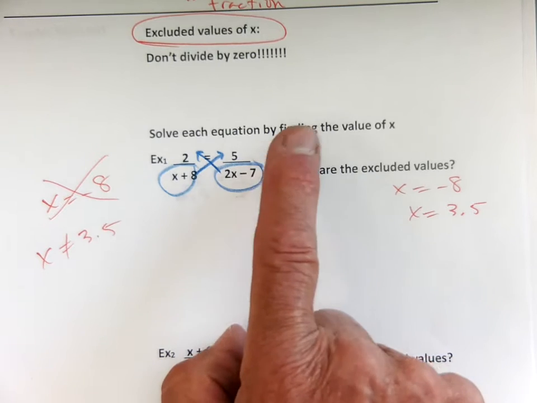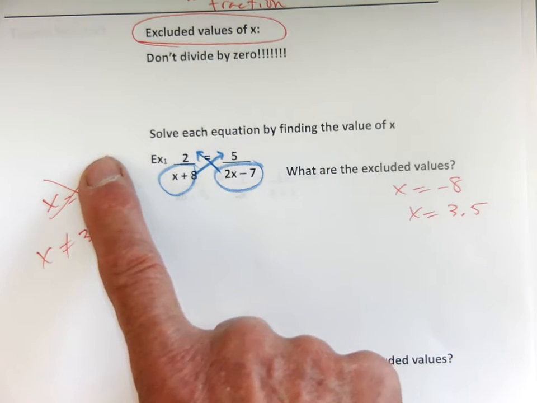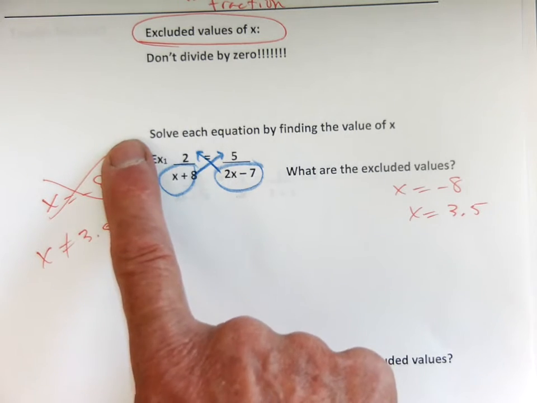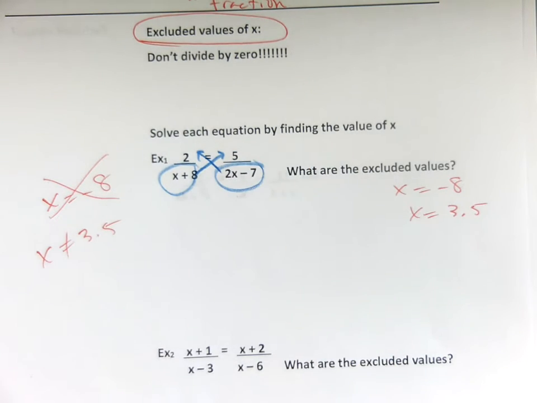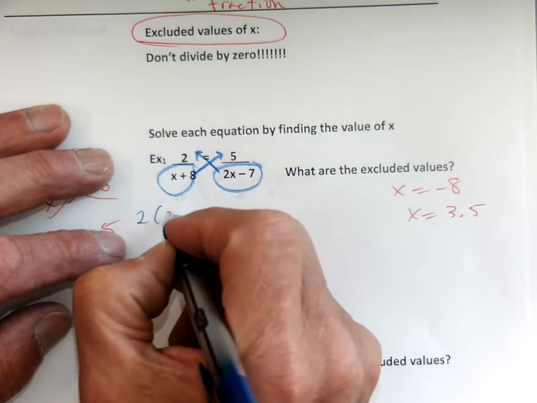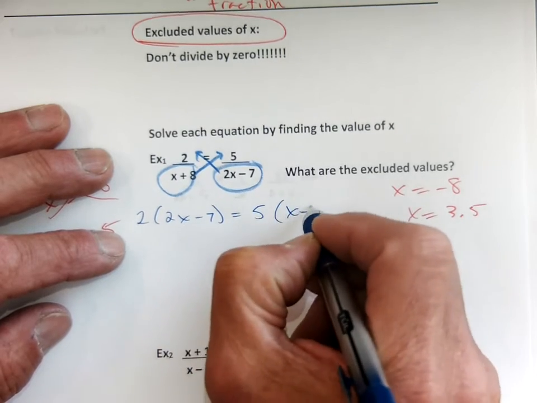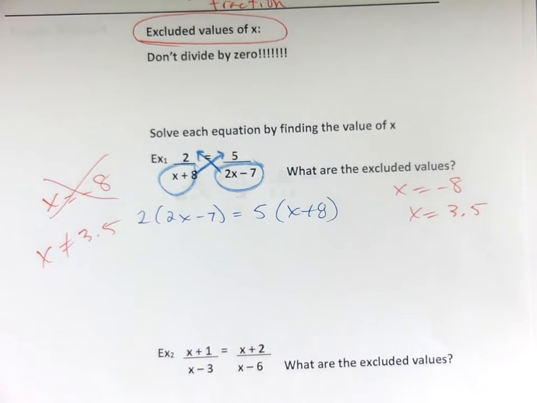The reason it works is because you can multiply both sides by x plus 8, and you can multiply the equation by 2x minus 7. But it's just easier to say, Mr. Davies said, cross multiply, okay? And there is a reason why it works. So I'll have a 2 times a 2x minus 7 equals a 5 times an x plus 8, and then the fraction is gone and it's just easy to solve.